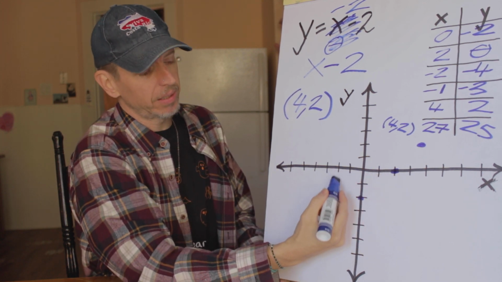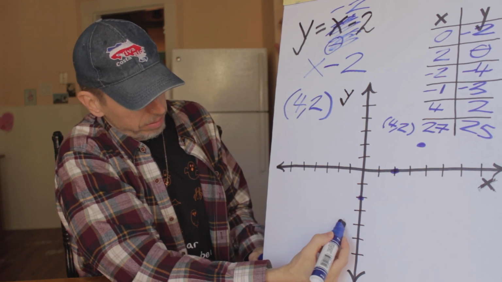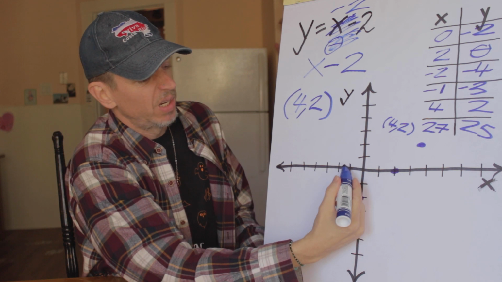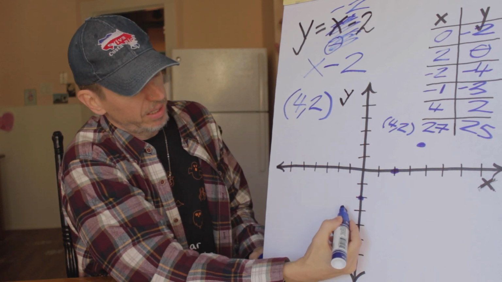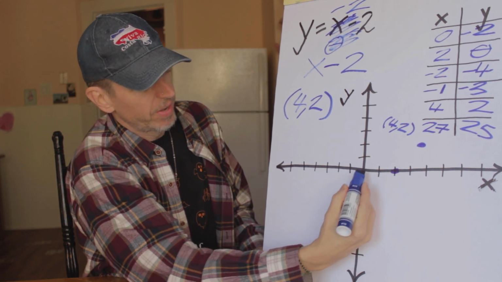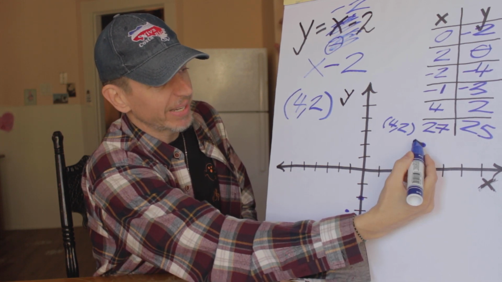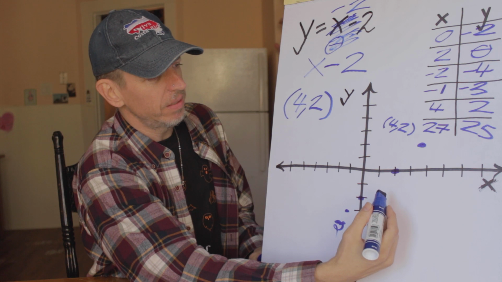Negative 2 on the x, negative 4 on the y. Negative 1 on the x, negative 3 on the y. 4 on the x, 2 on the y. We already got that one. 27.